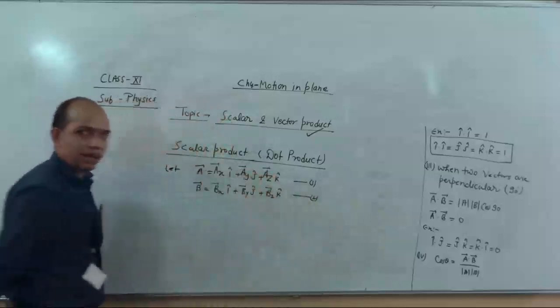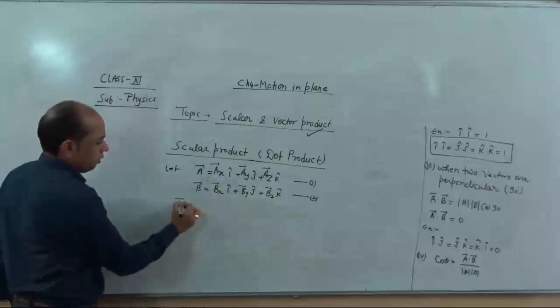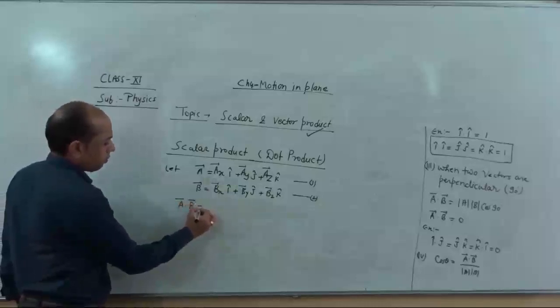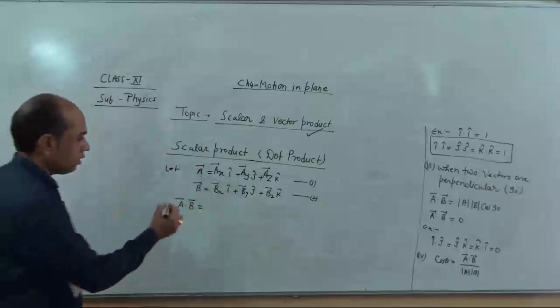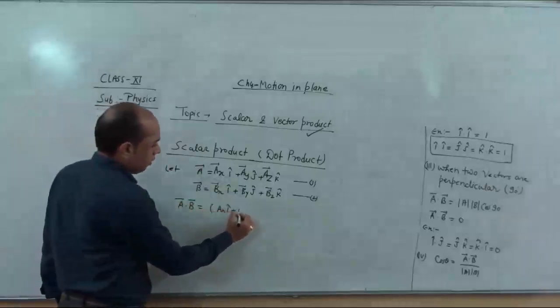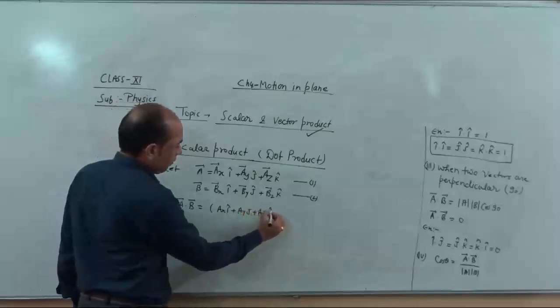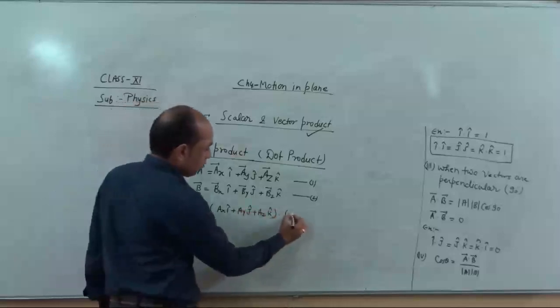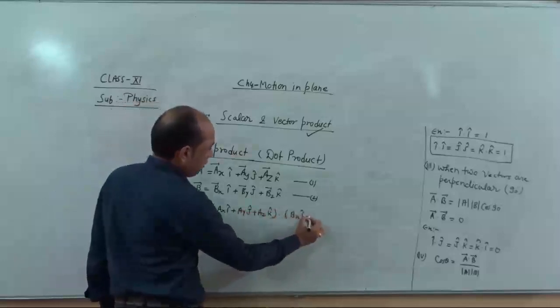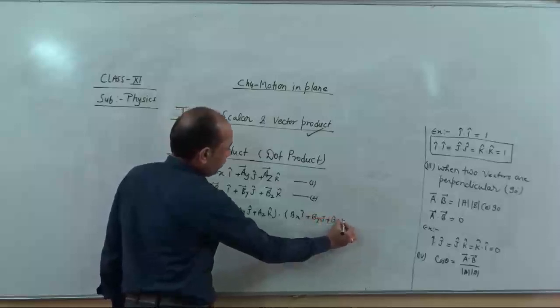Now we have to take the scalar product, that means A dot B. So we write: ax i plus ay j plus az k, multiplied with bx i plus by j plus bz k.